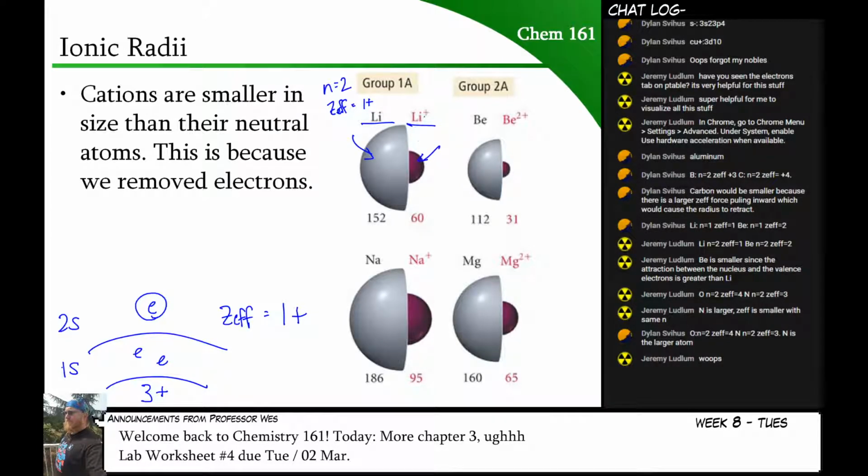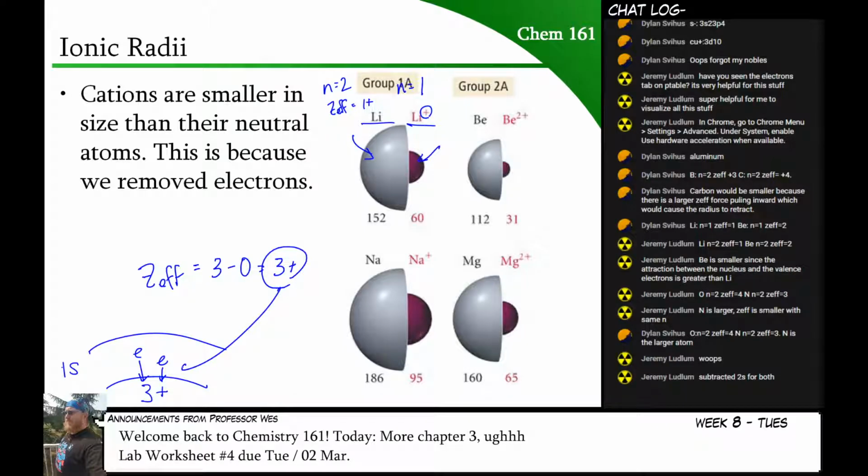Okay. Now let's look at lithium plus. If I make it plus, this all goes away, right? That's no longer there. So let's look at the new situation. And this is now different because it's a different thing. So now I have my electrons. These are the valence shell. So this n is 1. And Z effective is 3 minus 0 now, right? So Z effective for these electrons is way higher because there is no shielding coefficient here.